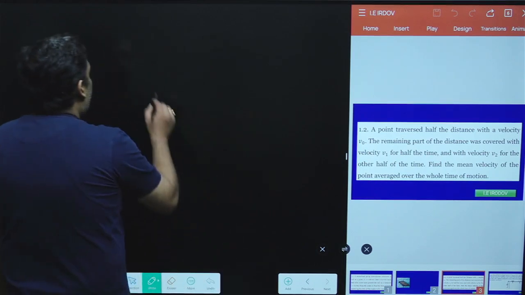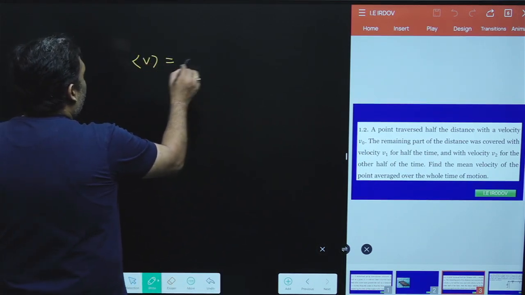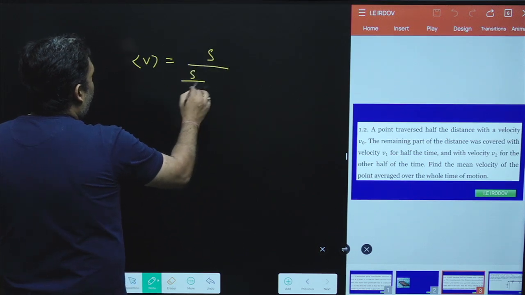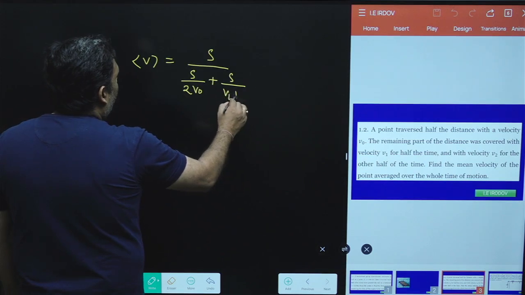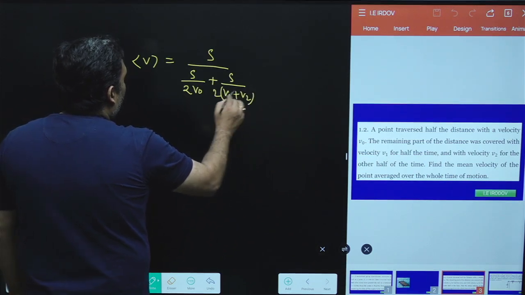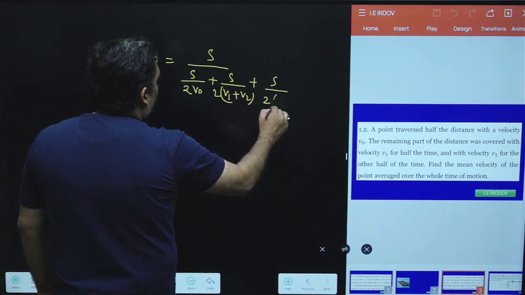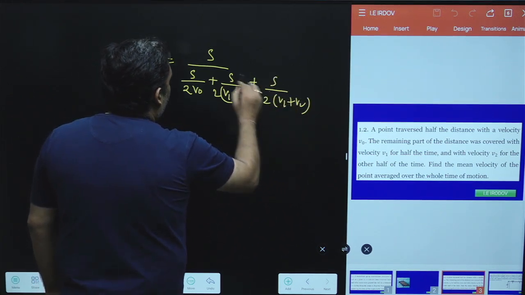So what will be our average velocity? V is equal to S upon the sum of S upon 2V0 plus S upon 2 times V1 plus V2 twice, that is S upon 2V0 plus S upon V1 plus V2.